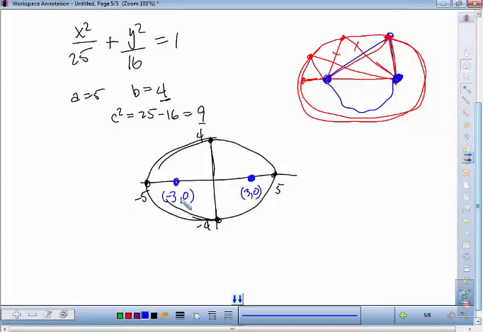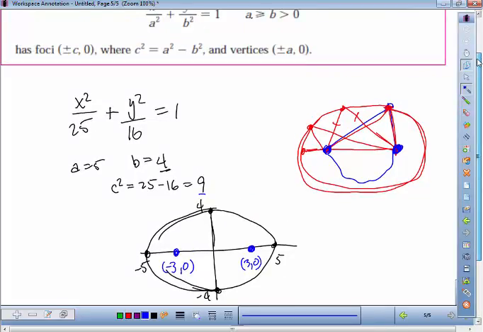There's going to be a shift in the x and the y, then there's going to be a shift in your foci and your vertices as well. So let's try to do a problem with a shift. Any questions about this example? Kind of follows the formulas pretty easily, right?